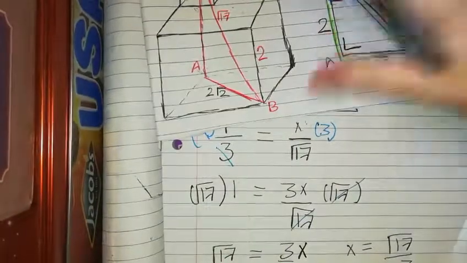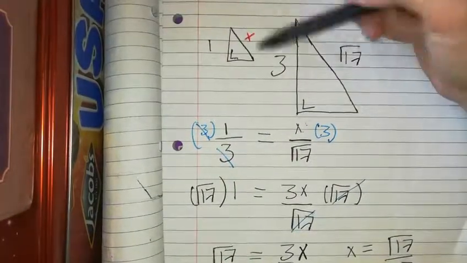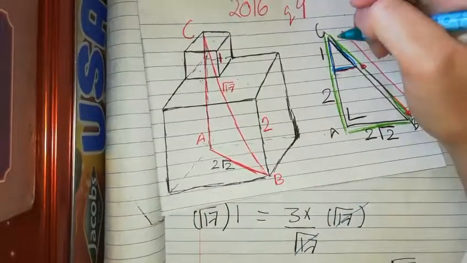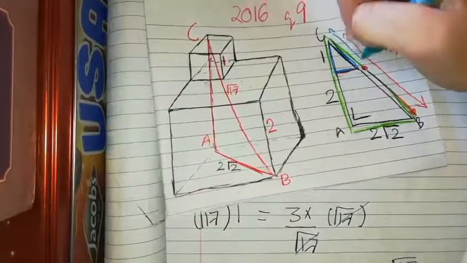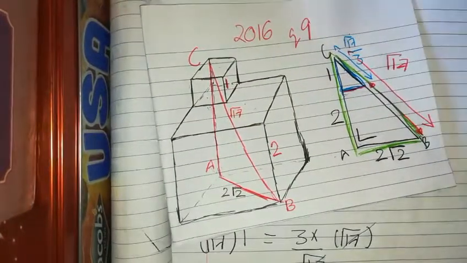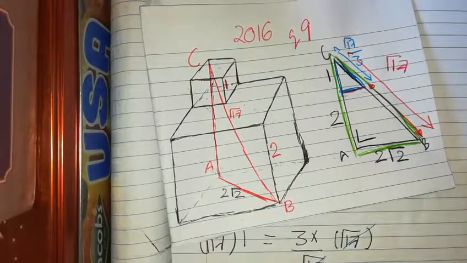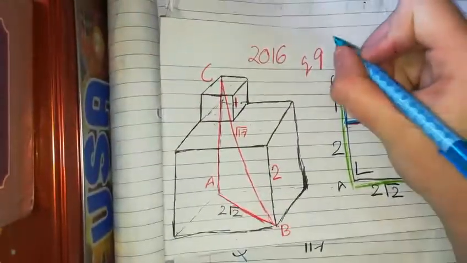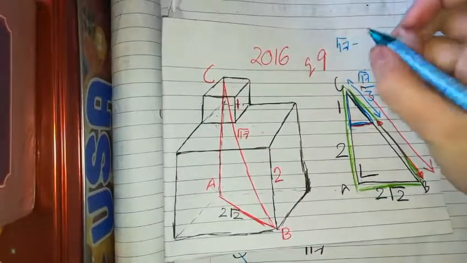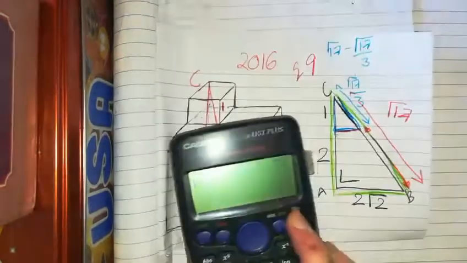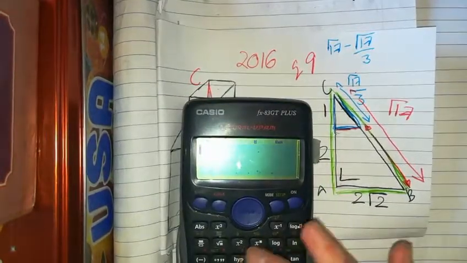But x was the length of the smaller side. So if the length from here to here is the square root of 17 over 3, then the length of the larger one will be the square root of 17 minus the square root of 17 over 3. I can work that out myself, or do it in my calculator, and I'll show you how.